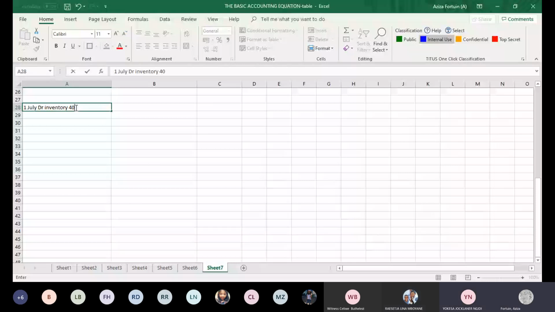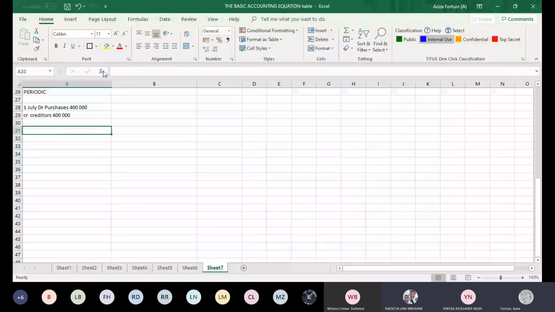Using periodic, yeah, we debit purchases, and then we credit creditors. And then we credit this with 400,000. And what is the recording? What am I going to record here? Purchasing. We're going to say purchase inventory on account.